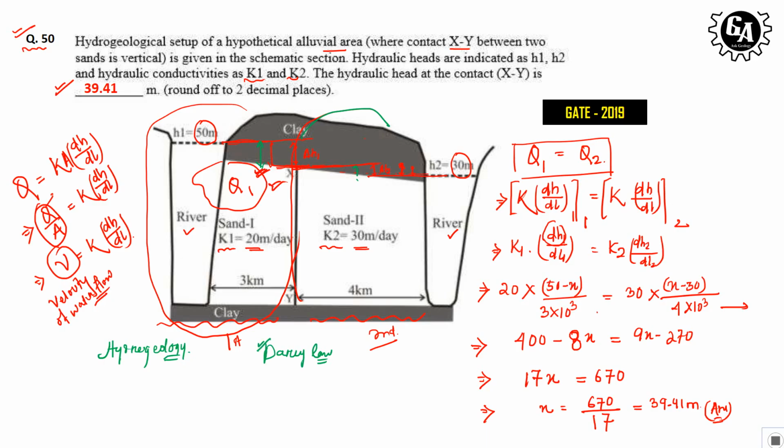So the principal law is Q is equal to KA dH by dl. In our hydrogeology class, I will be deriving all the formulas, whether for confined, unconfined, or pumping conditions.